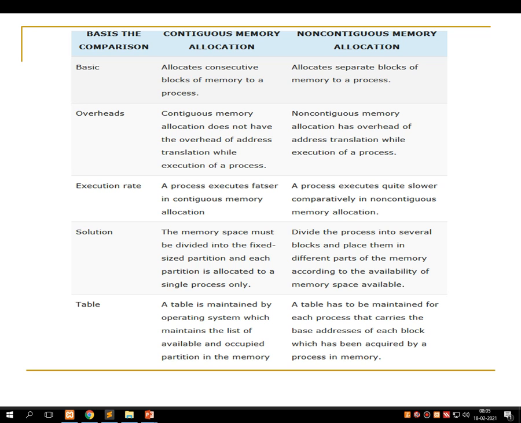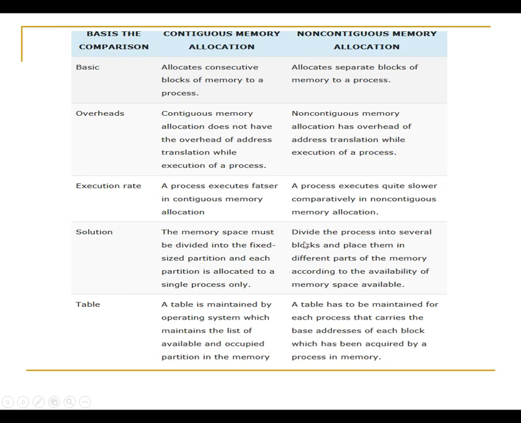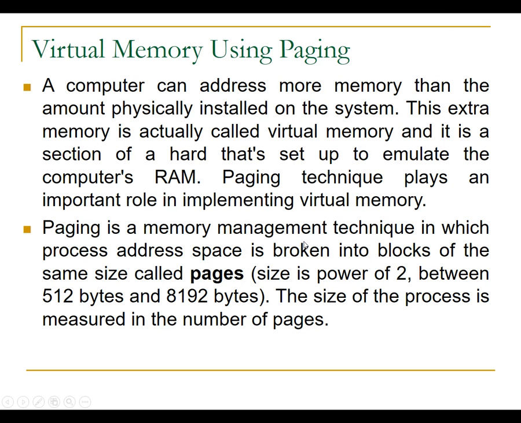After that, the next topic to be discussed is virtual memory using pagination. So over here, we have to introduce the new word called pagination. What does it mean? How it works with virtual memory, all these things we are going to discuss in virtual memory using pagination.